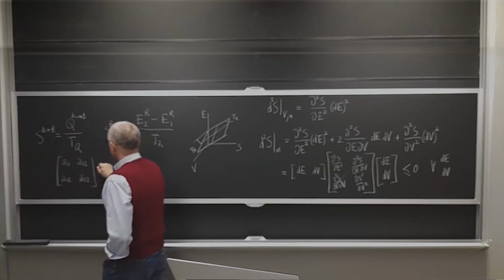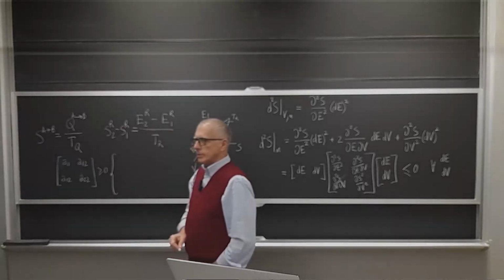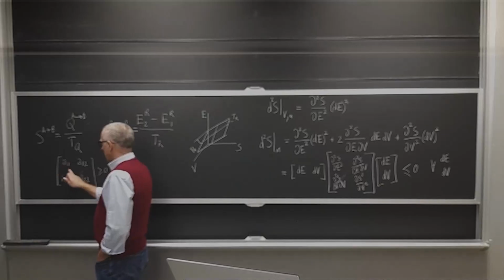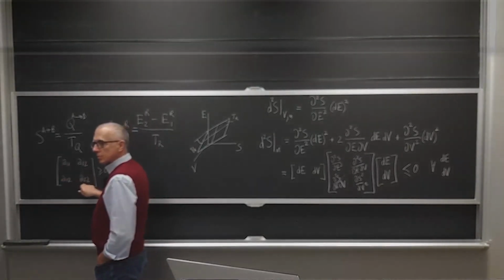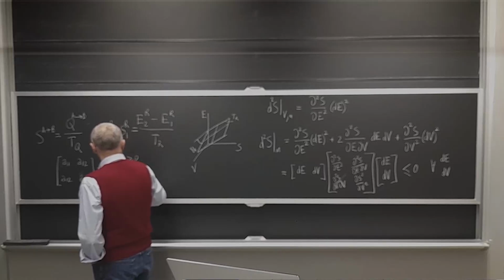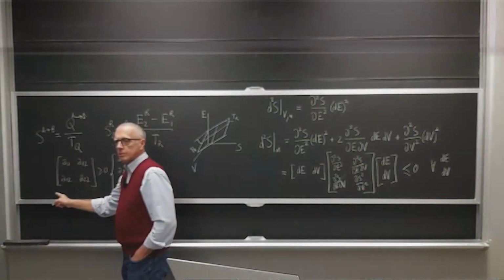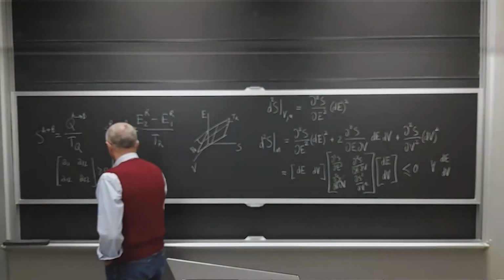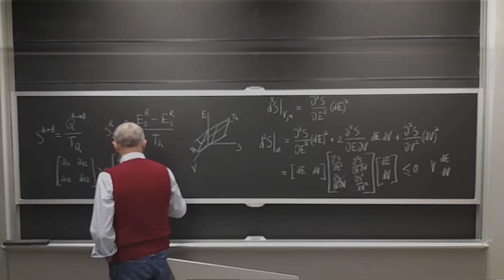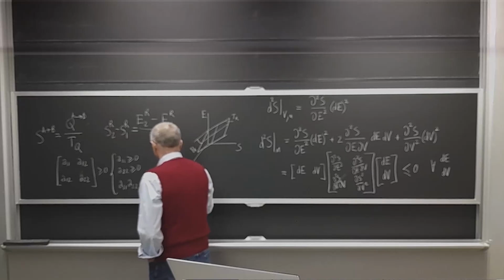If it is positive semi-definite, the diagonal entries must be non-negative. The determinant must be non-negative. So A11 A22 minus A12 squared, because it's symmetric, must be greater than or equal to 0.